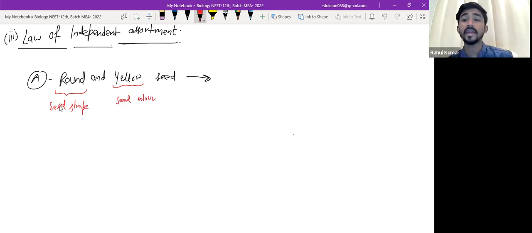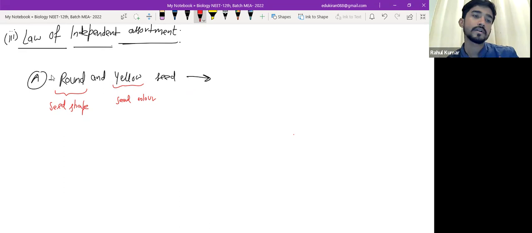Can you see there are 2 characters that we are dealing with simultaneously? This is called a multi-character problem, and for that we have to deal with dihybrid cross. Till now, whatever crosses we have made were called monohybrid cross, because there was one character each having multiple alleles. Now there are multiple characters having multiple alleles.